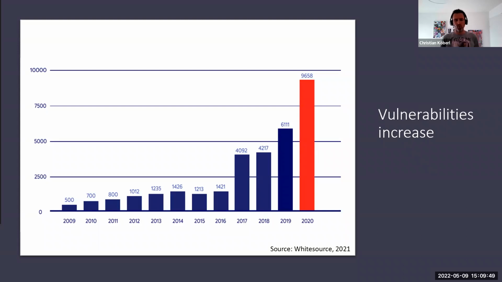This is a report from White Source, where you can see that the vulnerabilities of open source libraries increased massively, especially 2020. And I think the trend is also going up further with 2021 and now 2022, as we saw all the vulnerabilities in the last 2 years.